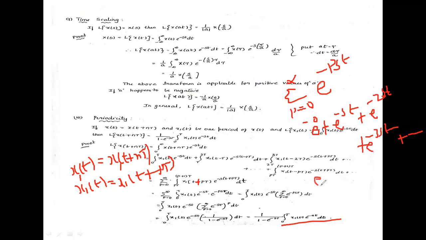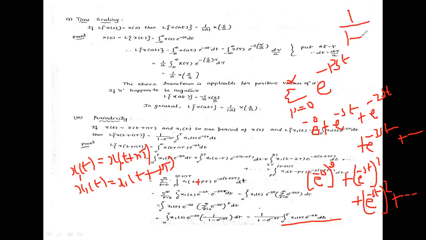It is nothing but e power minus st to the power 0, then e power minus st, and another one is e power minus st whole squared, and so on. So a power 0, a power 1, a power 2 and so on means 1 by 1 minus a. What is the a here? e power minus st.